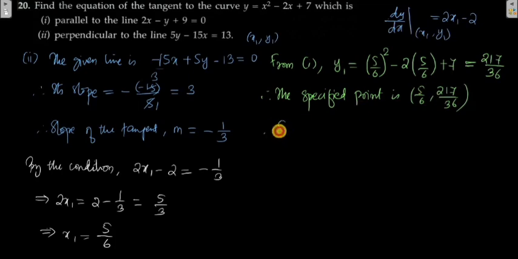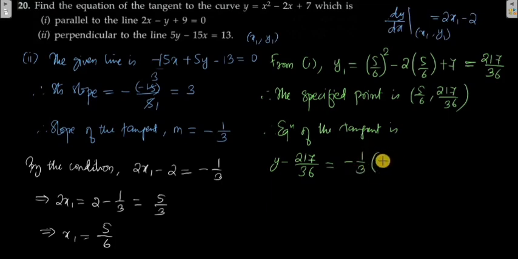Therefore the equation of the tangent is, let's find out what the equation of the tangent is. It is y minus y1, 217 by 36, equals the slope of the tangent, which in this case is minus 1 by 3, into x minus x1. X1 is 5 by 6.